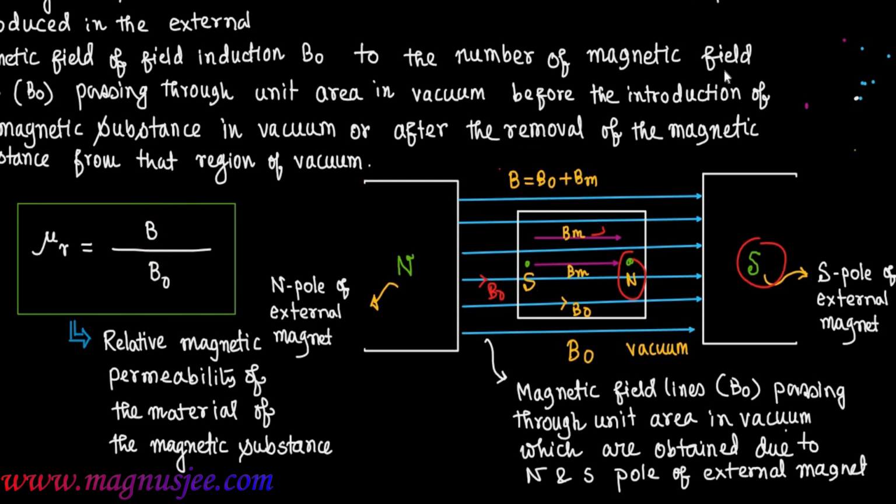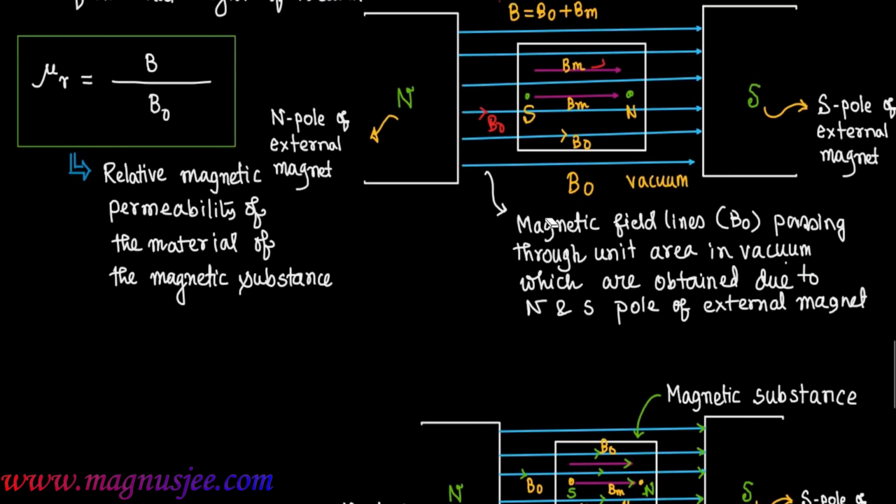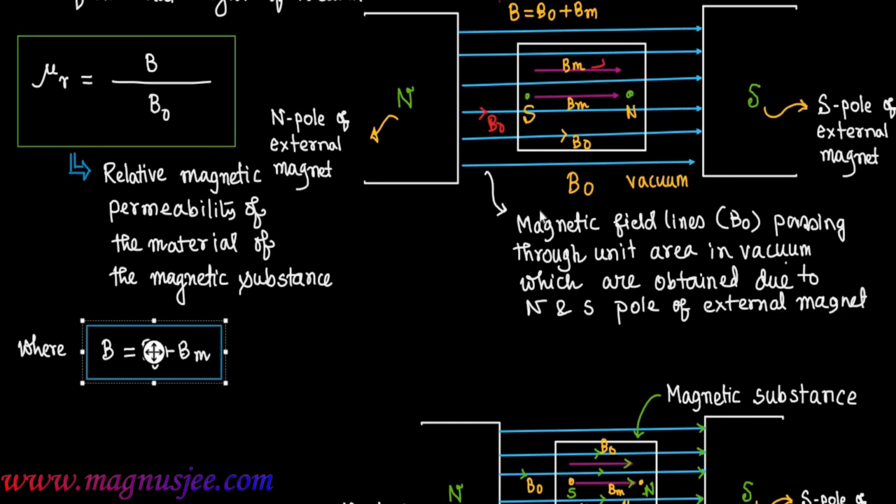It is the ratio of the net magnetic field induction acting inside the magnetic substance to the magnetic field induction acting in vacuum before introduction of the magnetic substance, where B equals B0 plus Bm, which is the net or resultant magnetic field induction acting inside the magnetic substance.